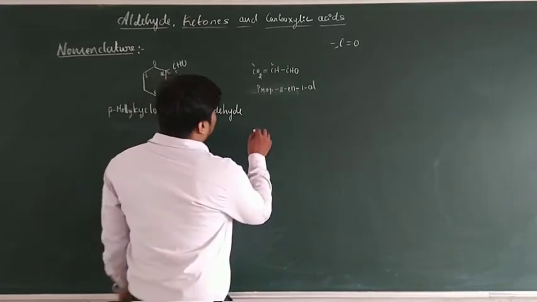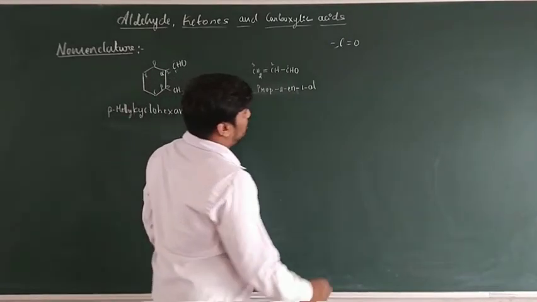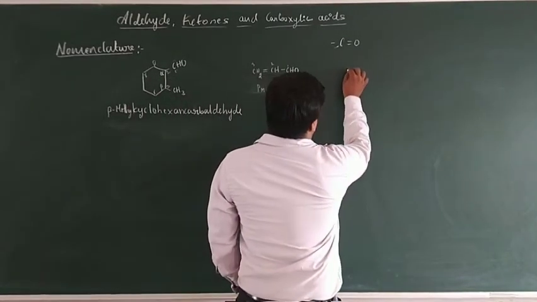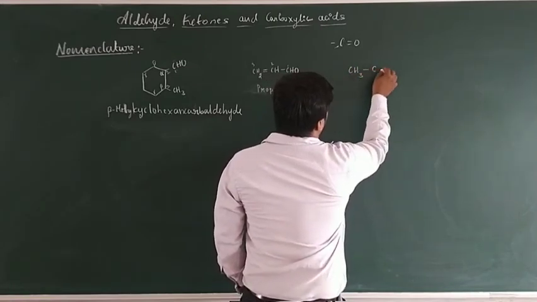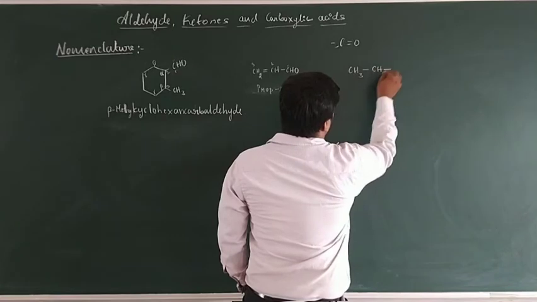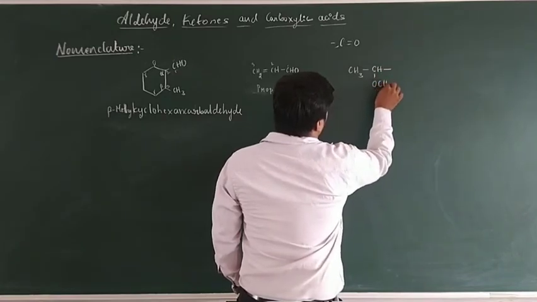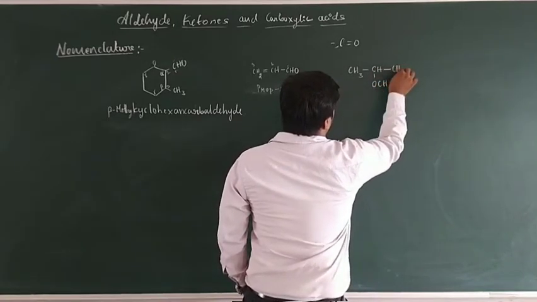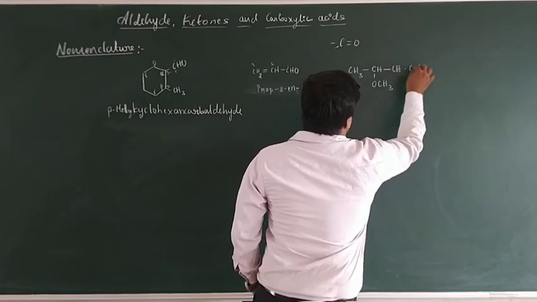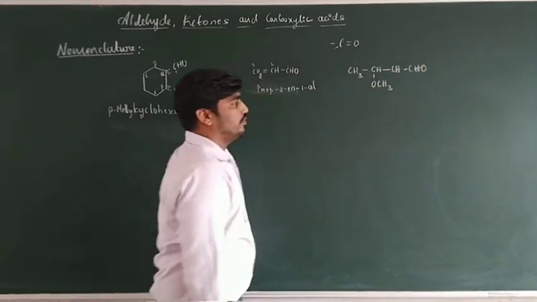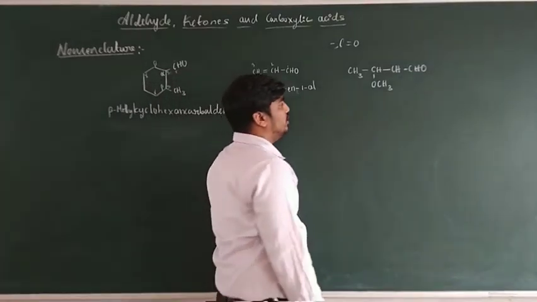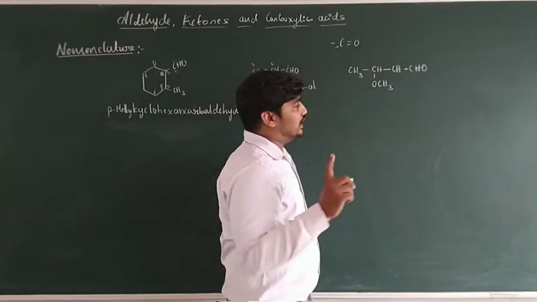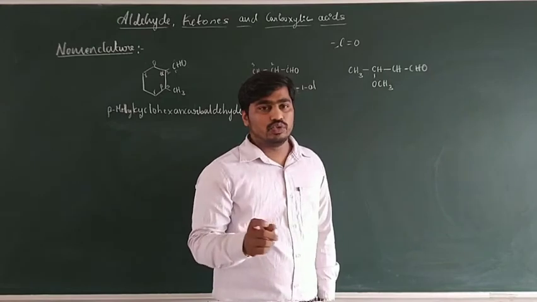Next, I am considering another example. CH3, CH, OCH3, CHO. How many carbons are there in the long chain? So first select the long chain. There are two groups.